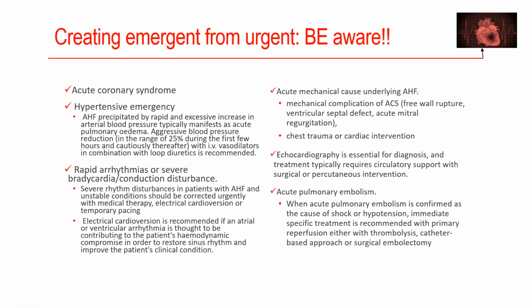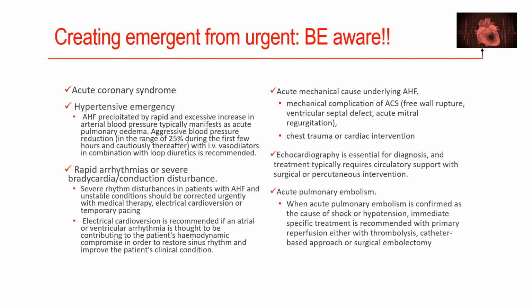Okay, so always really important for us to remember that patients can have urgent disorders that quickly become emergent. So acute coronary syndrome, hypertensive emergency, okay? So very, very important.